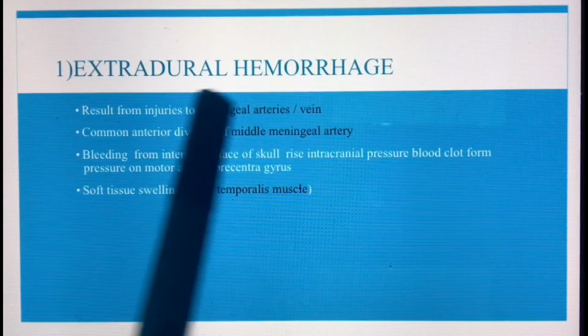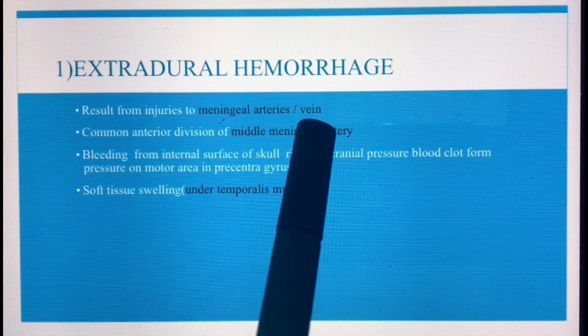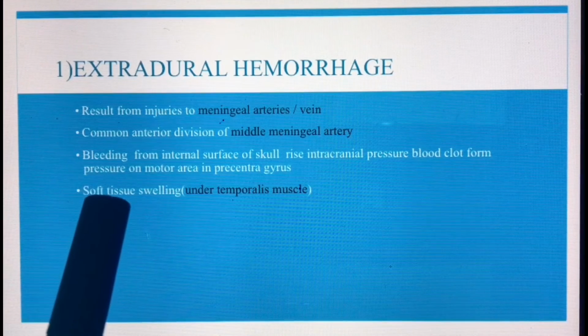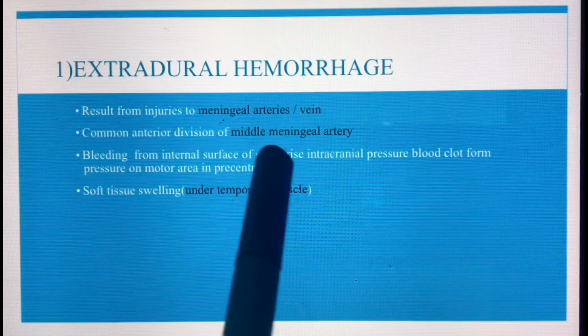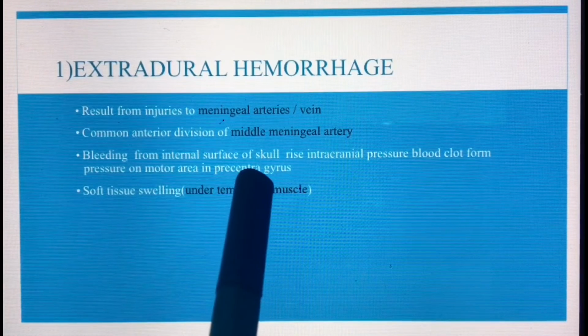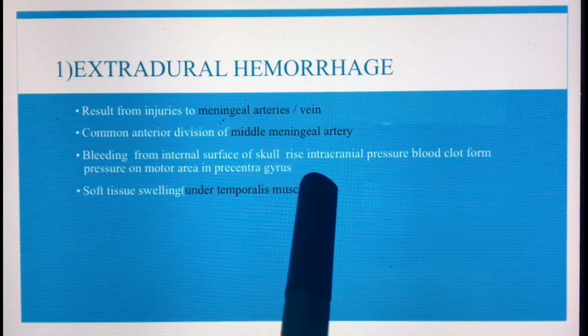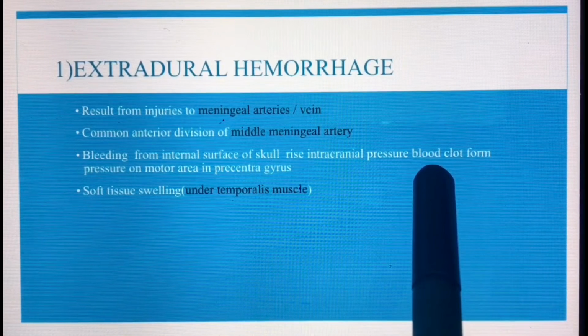The extradural hemorrhage results from injury to meningeal arteries or from veins. The most common artery to be damaged is the anterior division of the middle meningeal artery. When bleeding from the internal surface of the skull occurs, it raises intracranial pressure and causes blood clot formation.